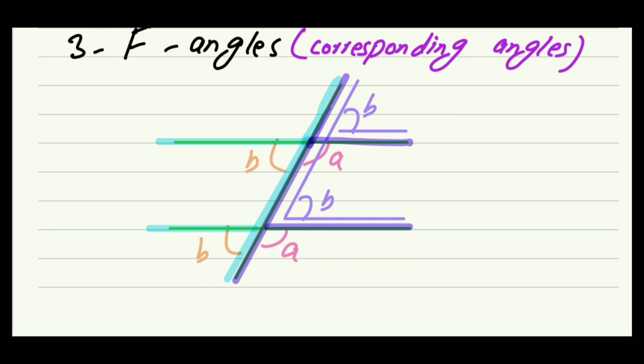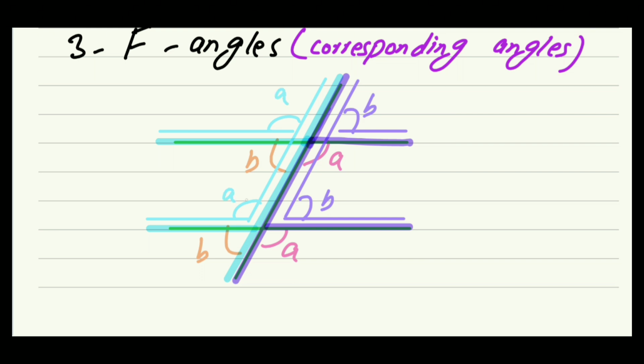And the other side, this one. The other F is this one. This is the other F that you can see here. So the angles inside this F will be same.